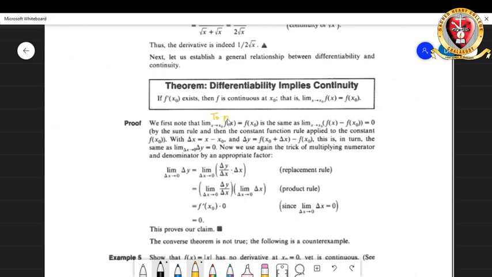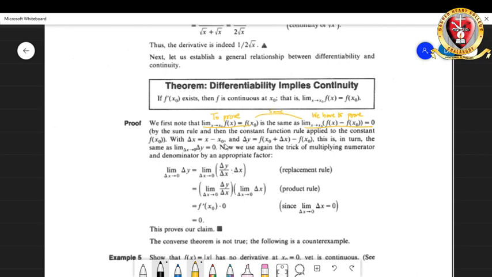This is the thing we have to prove. The equation sitting here and the equation sitting here are the same, so we have to prove this because both of them are the same.